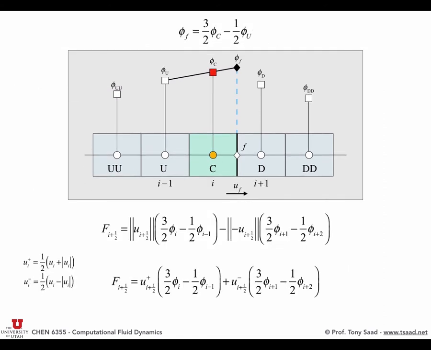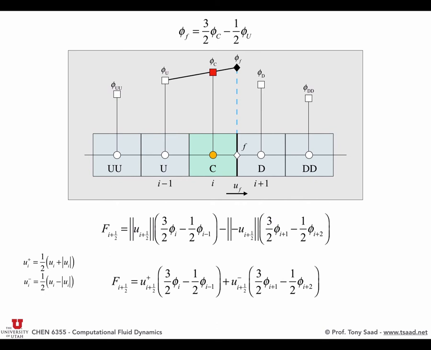If you want to implement it in practice, if the velocity is positive, that gives you 3 over 2 phi c minus 1 over 2 phi u, so phi I minus 1. But if the velocity is in the opposite direction, it's negative, then this becomes the upwind cell, and this becomes the far upwind cell. This is how you get your indices.